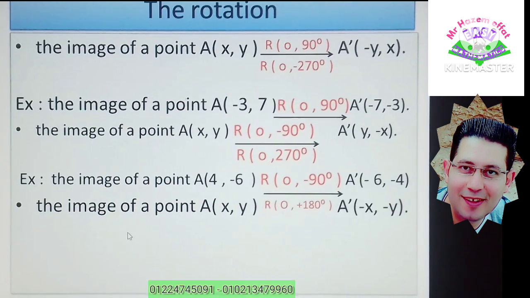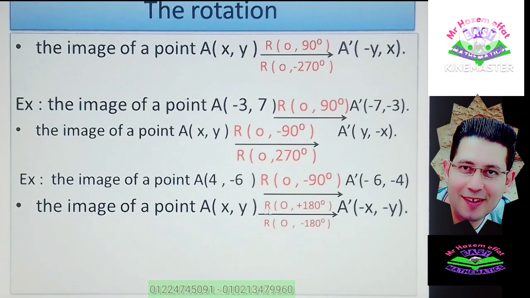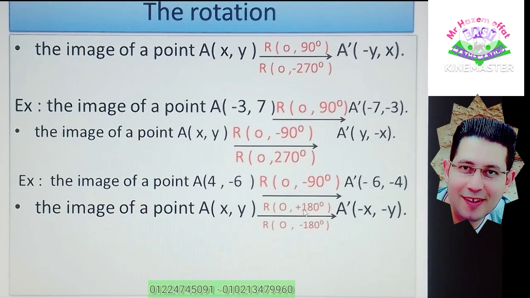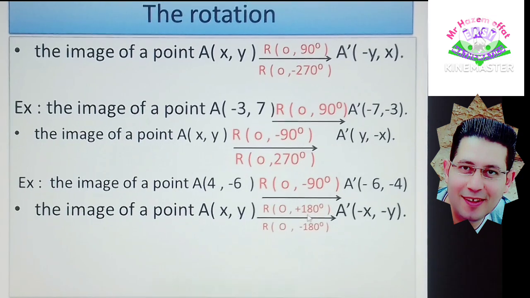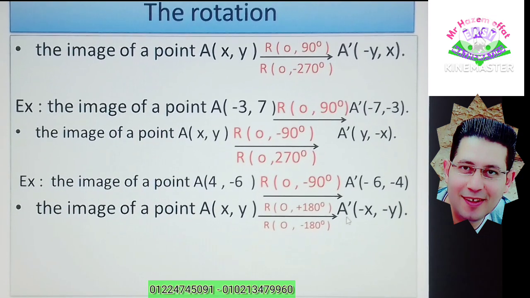And if I'm asked the third type of rotation, to find the image of point A by rotation around the origin point with angle positive 180 degrees or negative 180 degrees, what can we do?